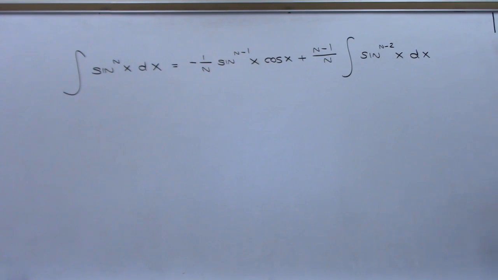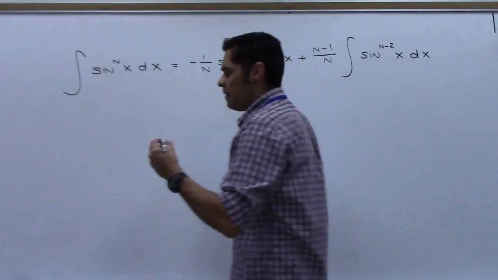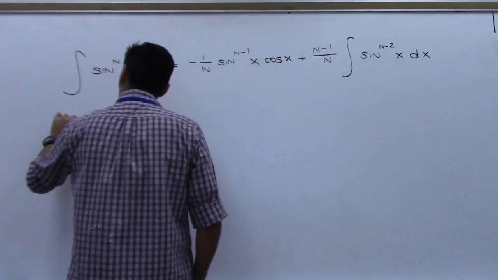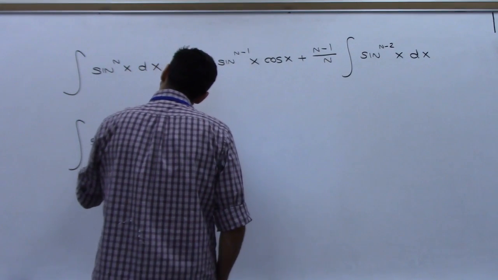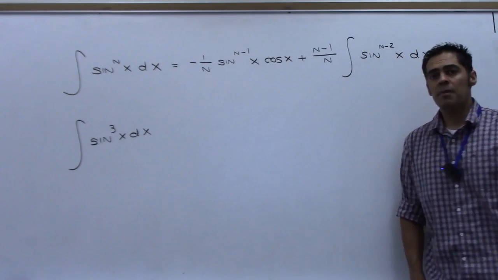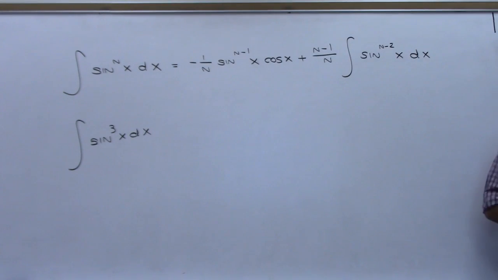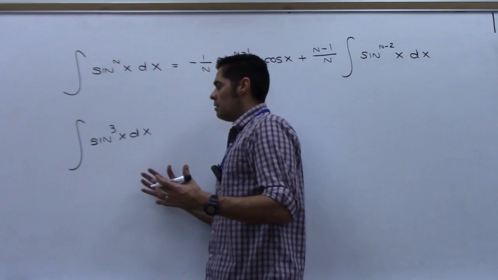And let's try and appreciate what's happening here. Let's say I'm trying to find the antiderivative of sine cubed x dx. That will be very difficult to do with any technique that we have right now.